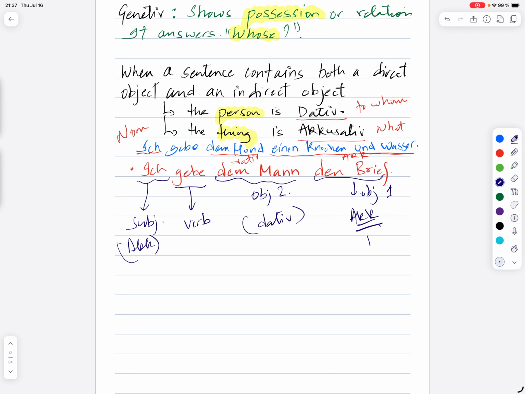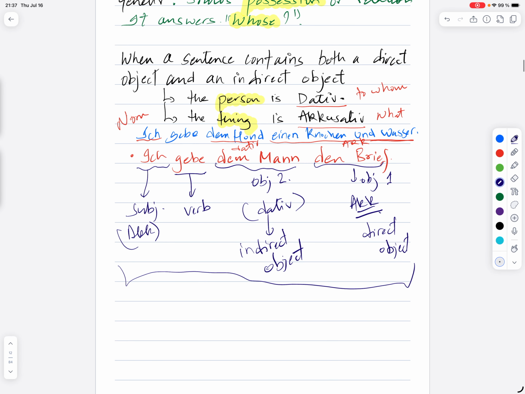So this is our direct object, and this is the indirect object, and this gives our structure for the full sentence. So whenever you see a long sentence, you can try to answer some questions as given above.